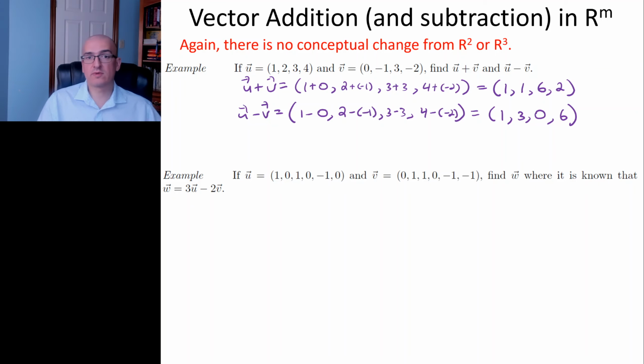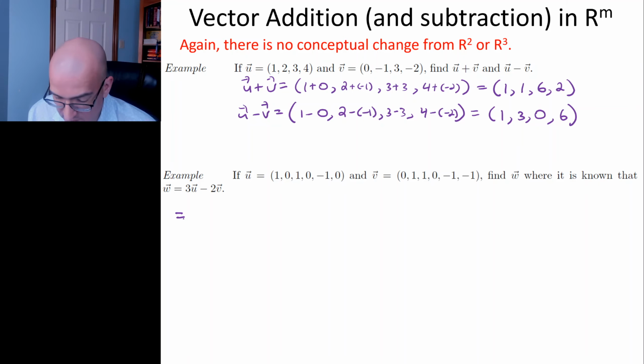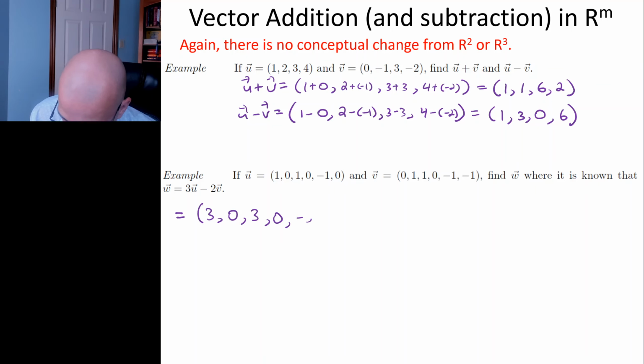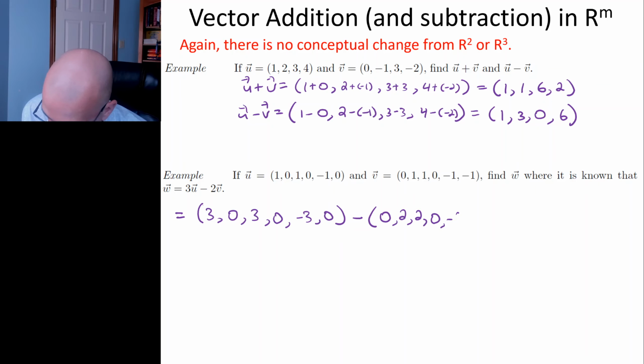For the next example, it's a combination of scalar multiplication and vector subtraction. So this new vector w is going to be 3 times the vector u minus 2 times the vector v. So I'll do 3 times the vector u, 3, 0, 3, 0, negative 3, 0. And then we're subtracting 2 times the vector v, 0, 2, 2, 0, negative 2, negative 2.